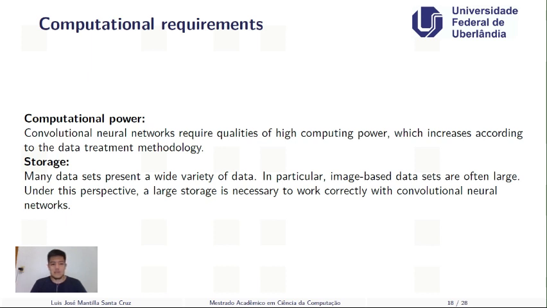As for storage, many data present a great variety. In particular, image-based datasets are often large, and from this perspective, large storage is necessary to work with convolutional neural networks.